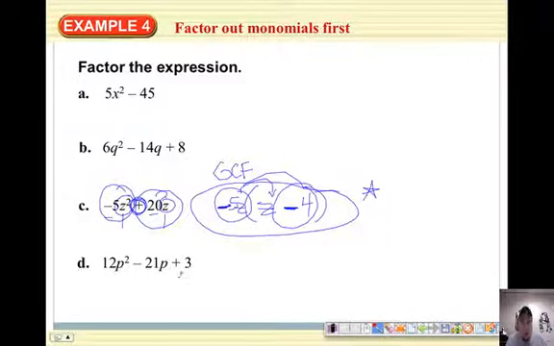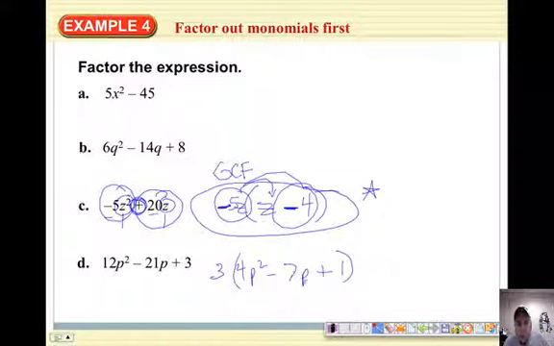Last one, you could pull out 3. Okay? 3 times 4p squared minus 7p plus 1. 3 times 1 is 3. So multiply real quick. Do you get this? Yes. Now, I'll just tell you right now, we could try this, but it's not going to work. I already did it. So this does not factor anymore. Does that mean your answer is not factorable?